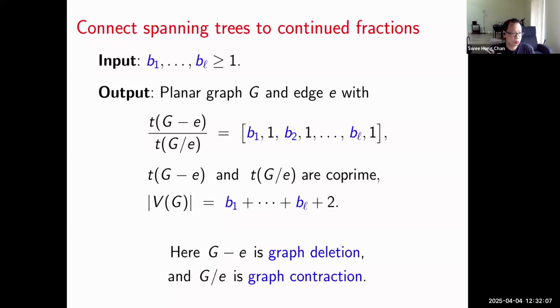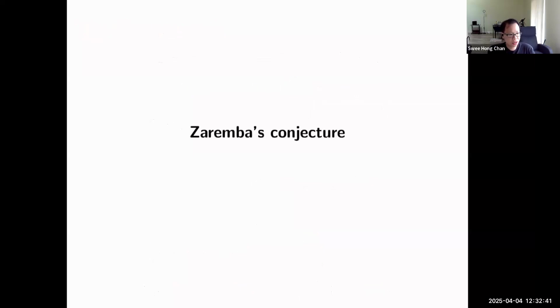And the reason why we do so is because we have other projects, an inspiration from matrix theory, where we know that if we can express the problem as a continued fraction, then it is possible to use tools from number theory. So I sell my soul to number theory to solve this problem. Those tools were developed by number theorists to solve another conjecture that is now known as Zaremba's conjecture.